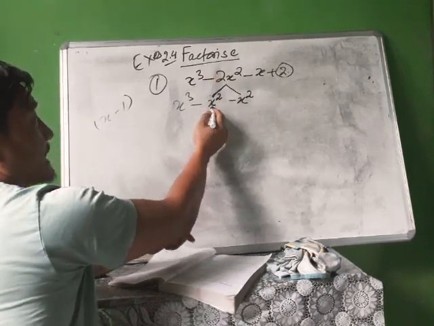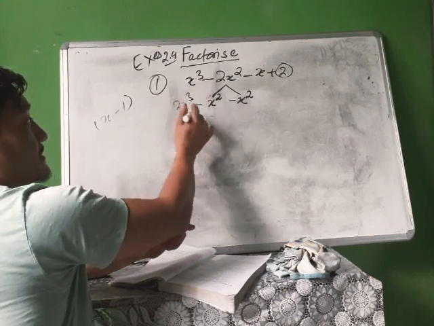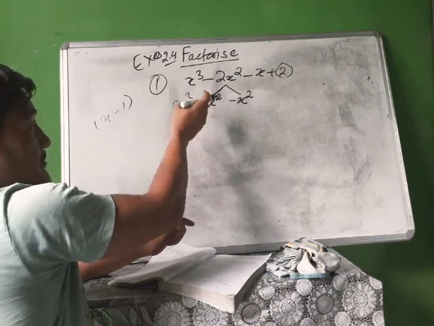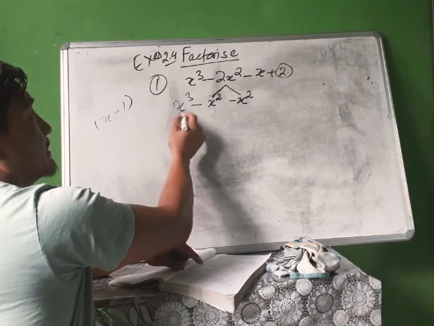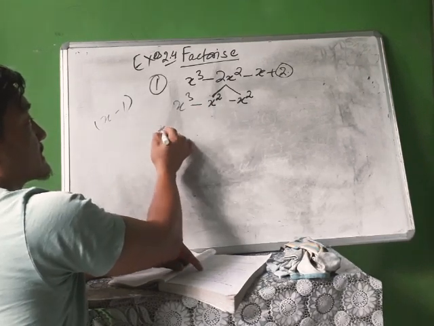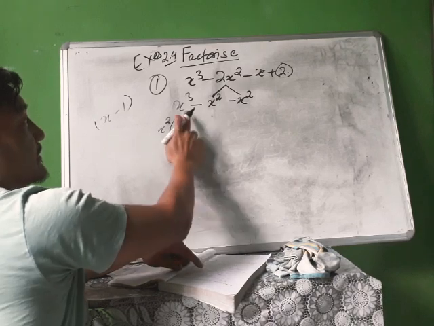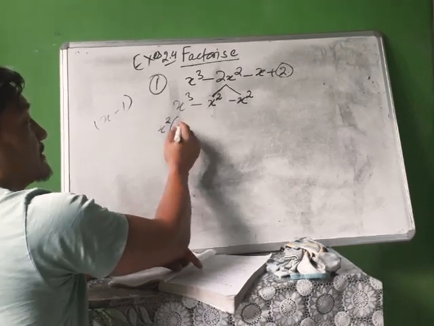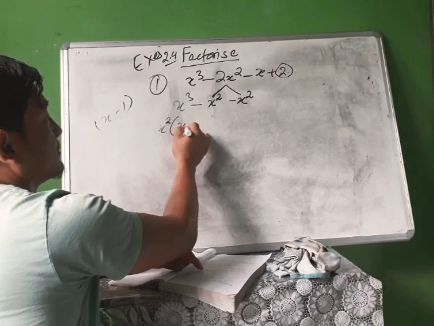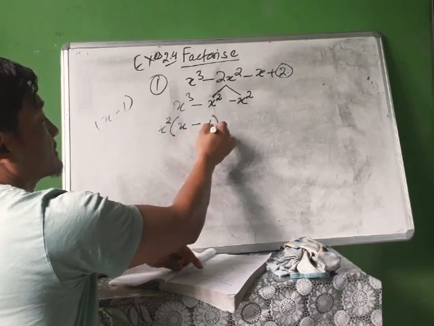So why are we putting x square here? Like I said, when you move to the second step, x square will come as a common factor for these two terms, and what will remain inside the bracket will be x minus 1.